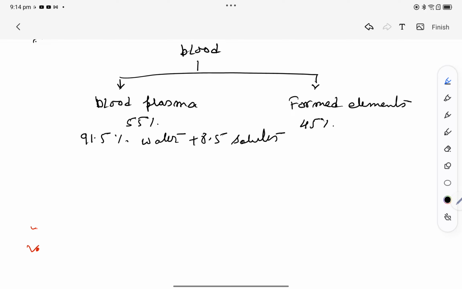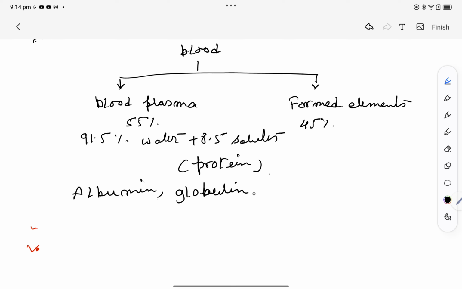Now most of these solutes are proteins. The names of these proteins are albumin, globulin, and fibrinogen. Now this fibrinogen converts into fibrin, which helps in blood clotting. Fine. Now we are going to study it via a chart.